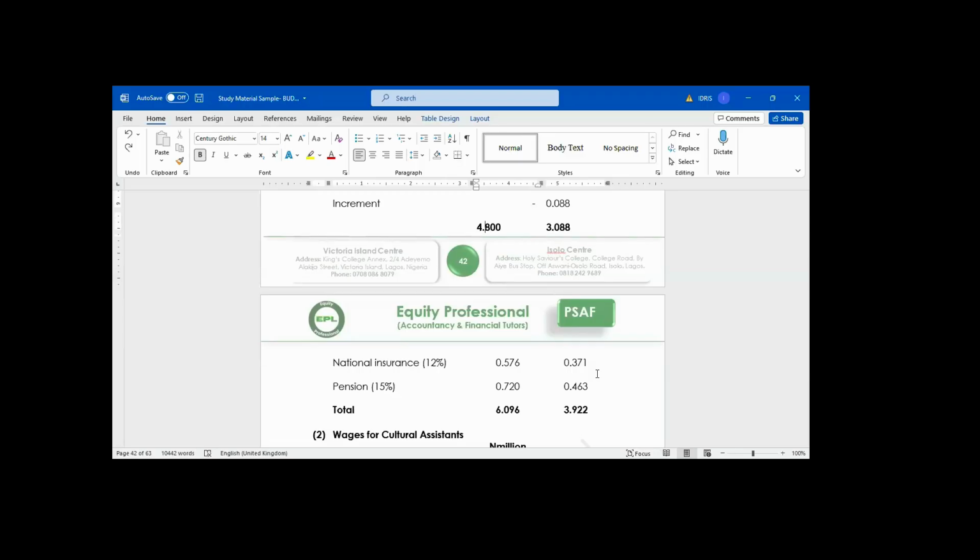So this pension for 2017 is going to be 15% of what? 15% of 4.8 for the first one, and 15% of 3.088 for the second one.